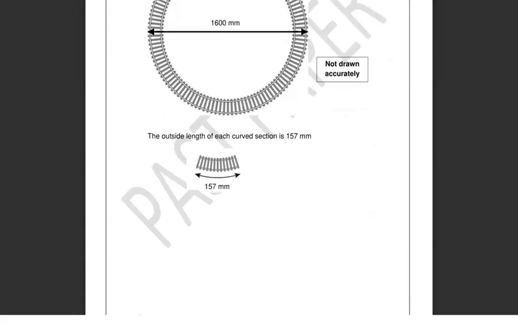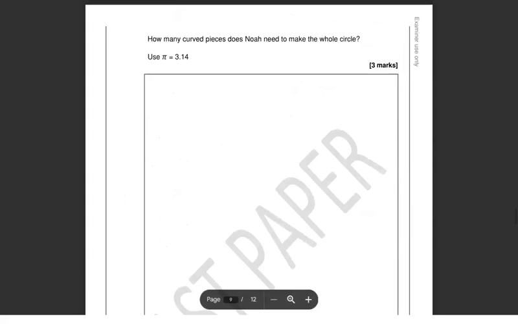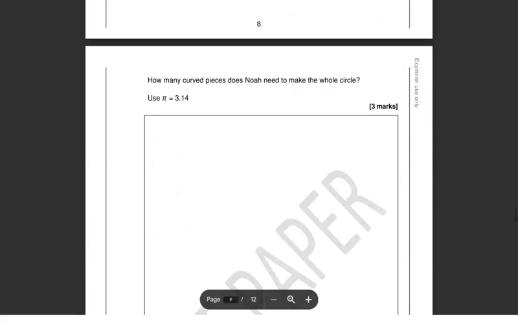The outside length of each curved section is 157 millimeters. So the question is, how many curved pieces does Noah need to make the full circle?